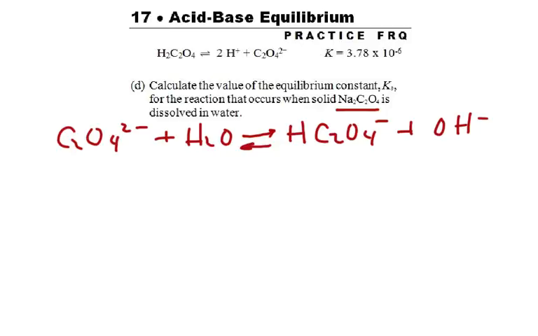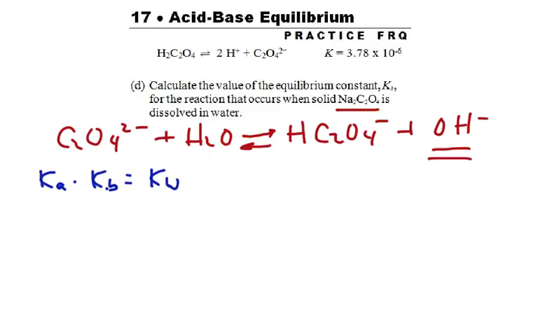So this is going to be a base because we're making some hydroxides. Well, we already know that the Ka times the Kb of its conjugate base is equal to Kw.